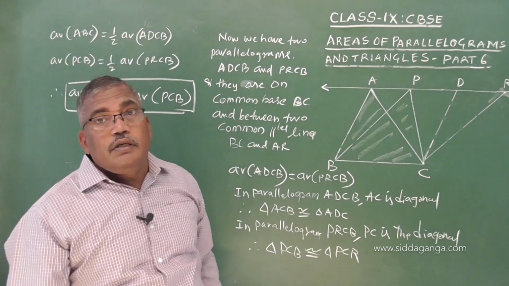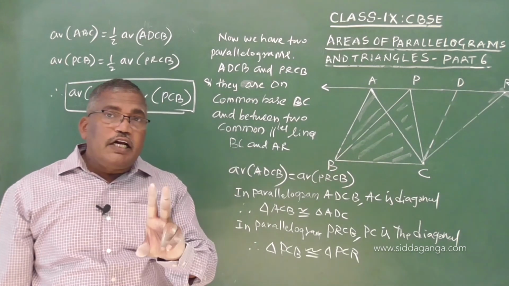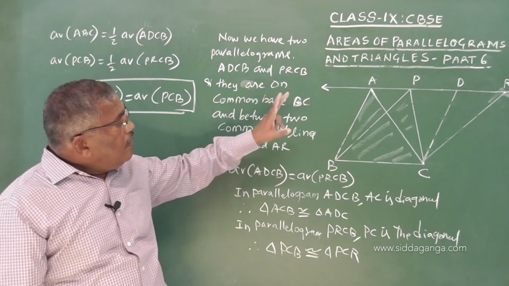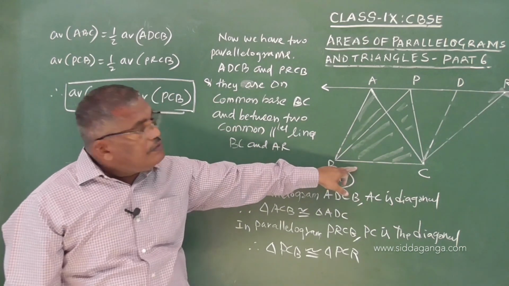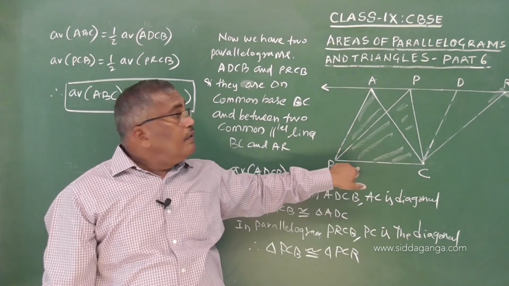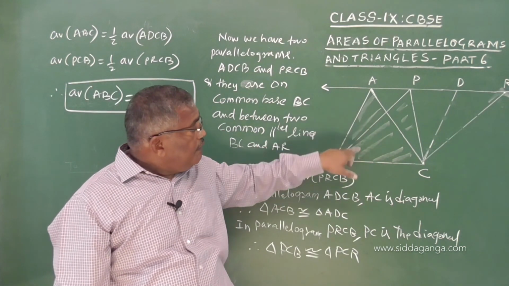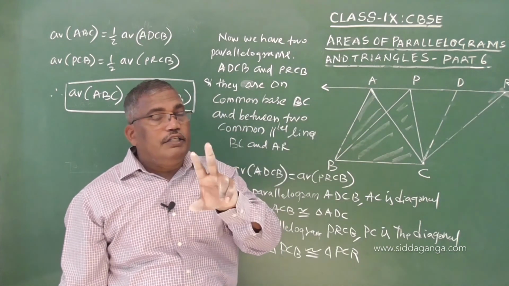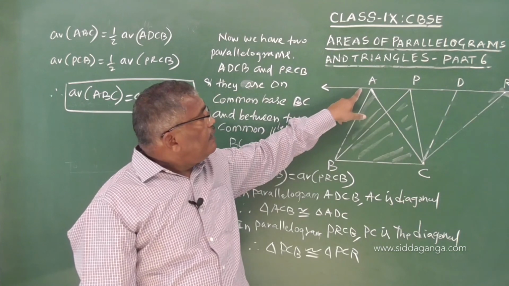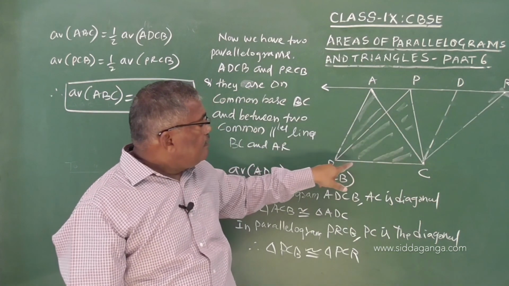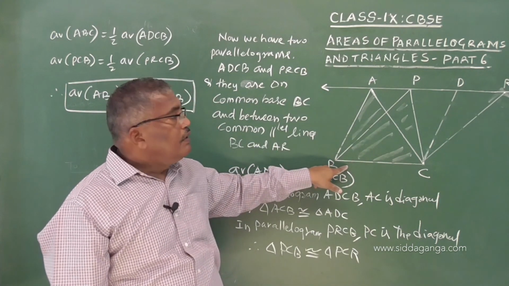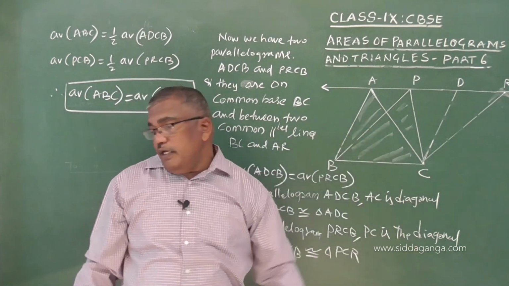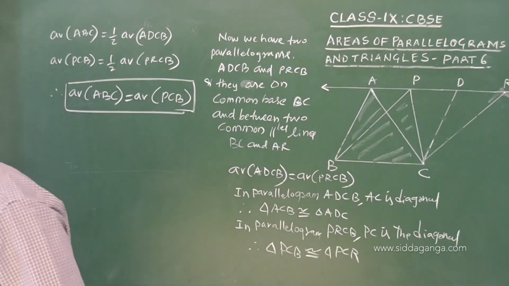That means we can say when two triangles are standing on the same base and between two common parallel lines, here AR is the line parallel to BC, then their areas will be equal.